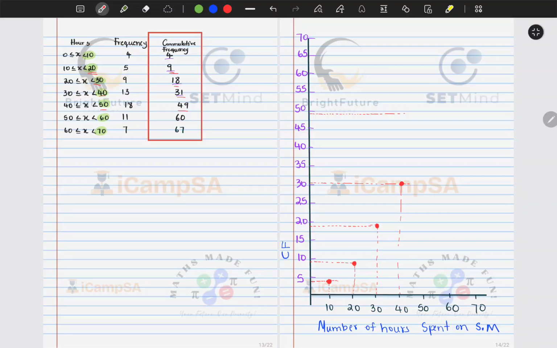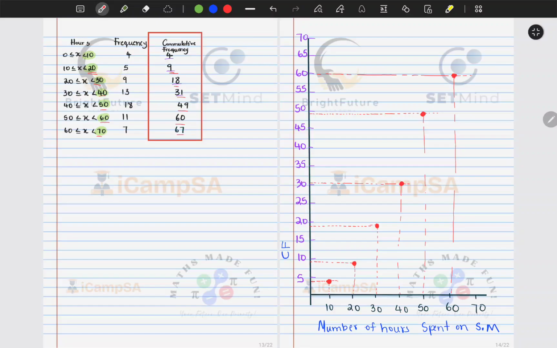So I'm just going to go up over 50, and that is where we have a point. And then at 60, we have 60. So there's our 60. Okay.